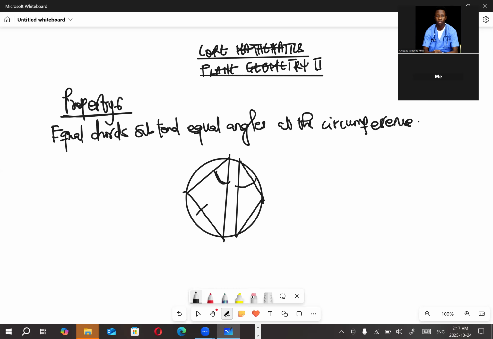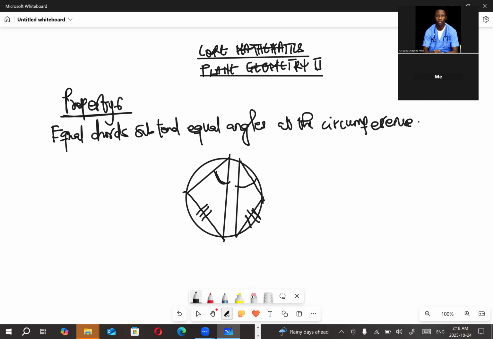Okay, so now, if in a question this is done for you, are the chords equal? No. It becomes equal when this one is also 3.